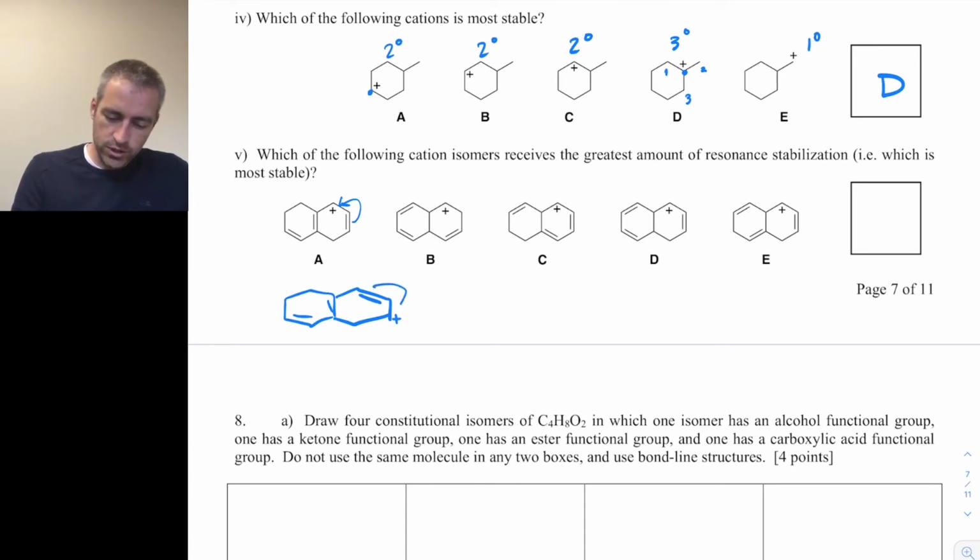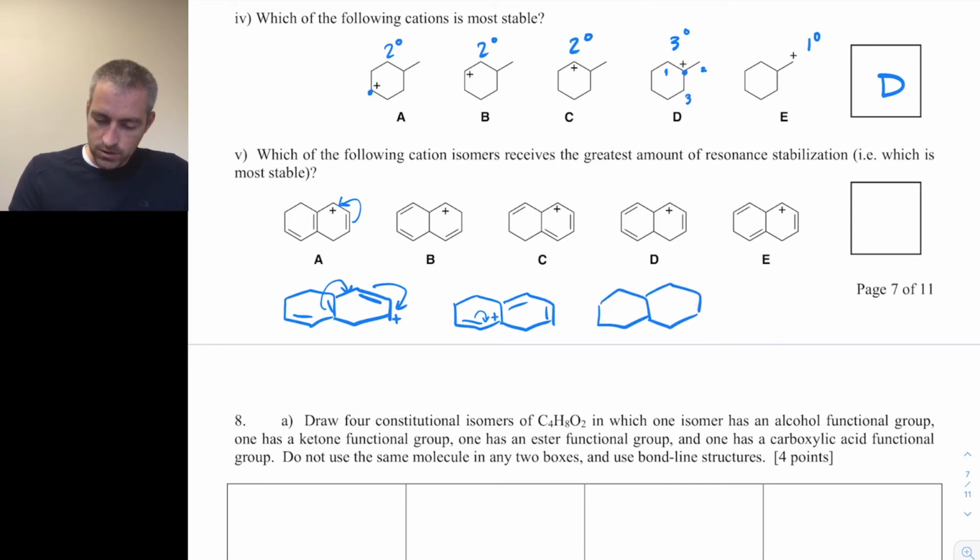You can also push it back and move that pair over, which gives you a resonance form which looks like that. And there's another one yet we can do, which looks like that. So this has a total of 4 possible resonance structures, the 3 we drew and the original structure itself.